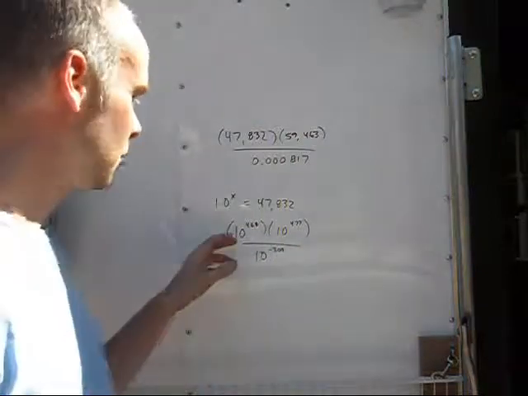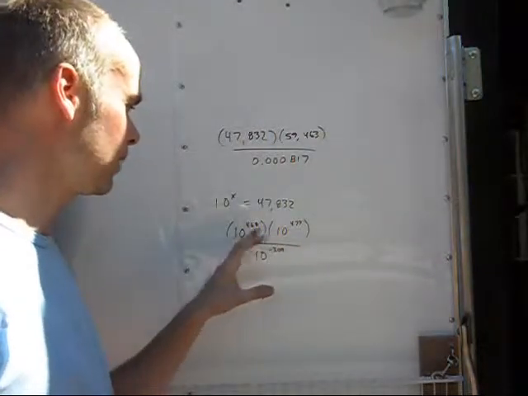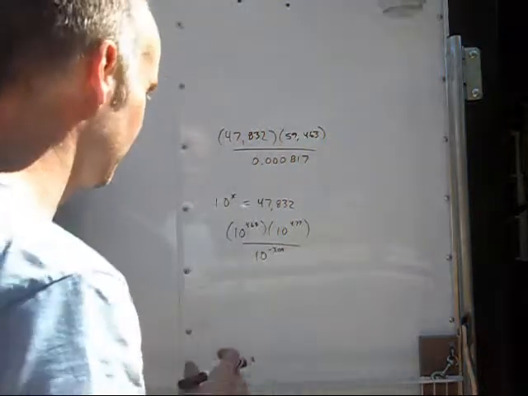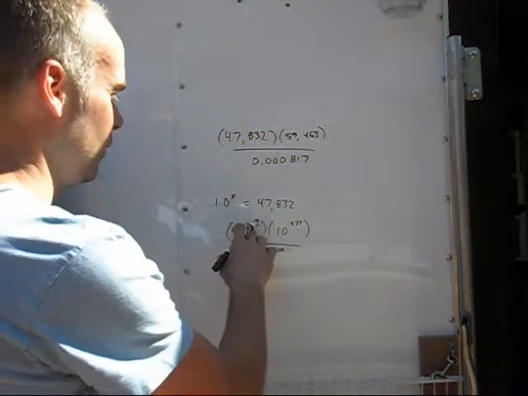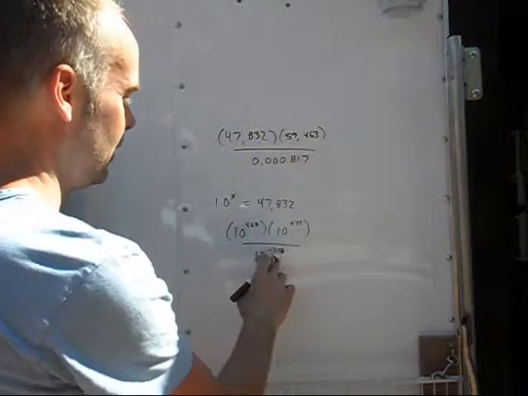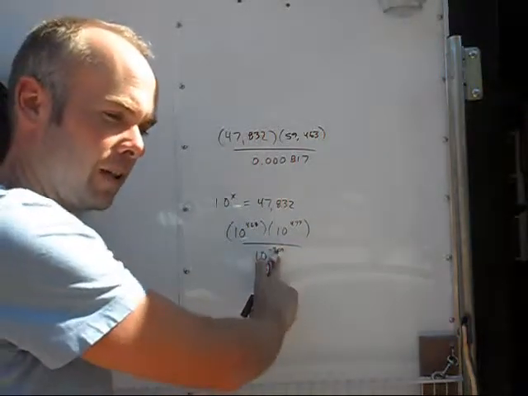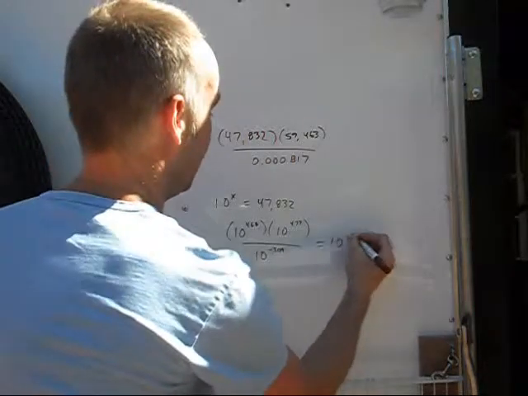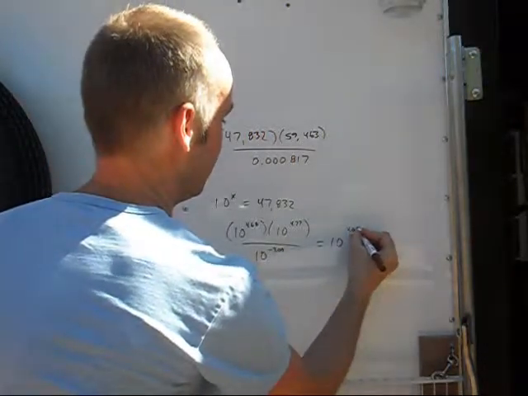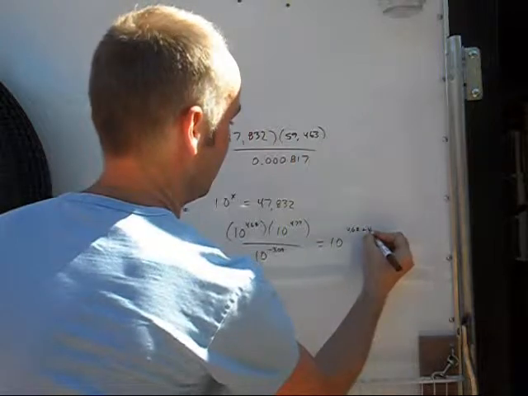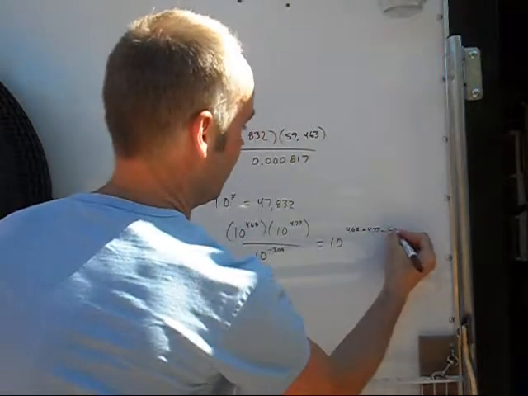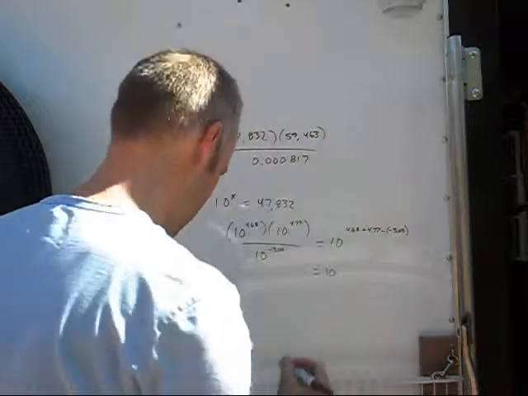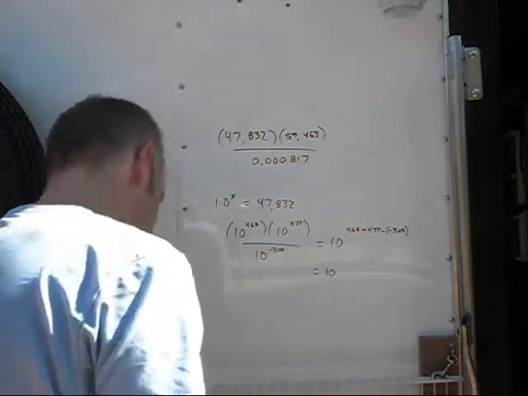So now we have a common base, and then we can just simply combine the exponents using the power theorem. And so here we add these two, and since this is a denominator, it's a negative, so it's a negative negative, so it ends up being positive. So we have 10 to the 4.68 plus 4.77 minus a minus 3.09. Add all these up, we get 10 to the 12.54.